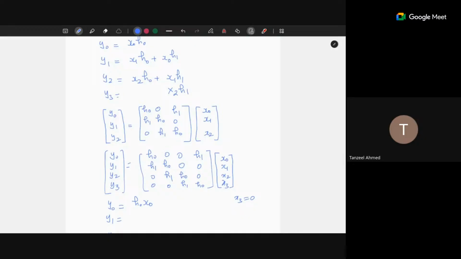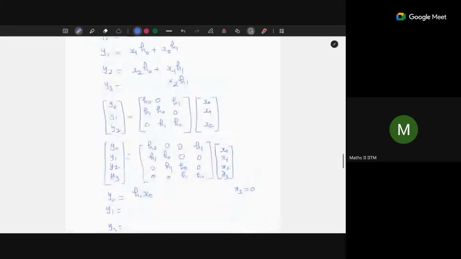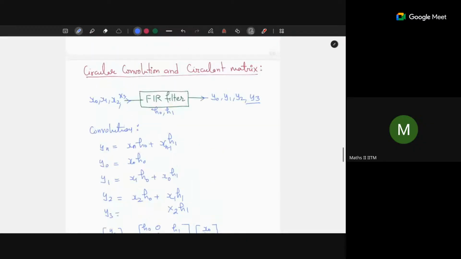So we are allowed to increase the length of our input and output vectors. Because when you are increasing the input, you are not adding any new information in the input, right? You are taking x3 to be zero.